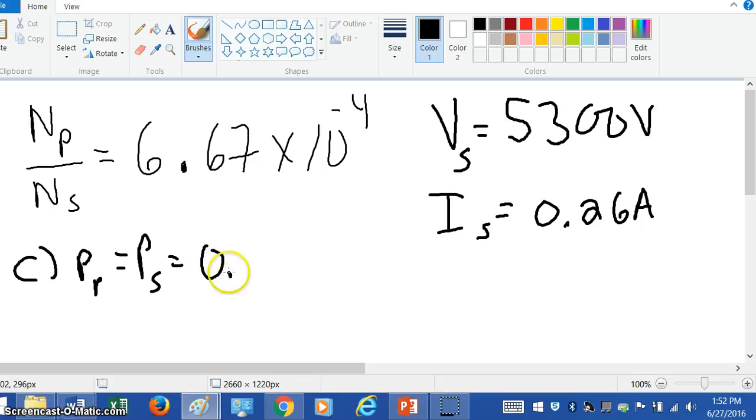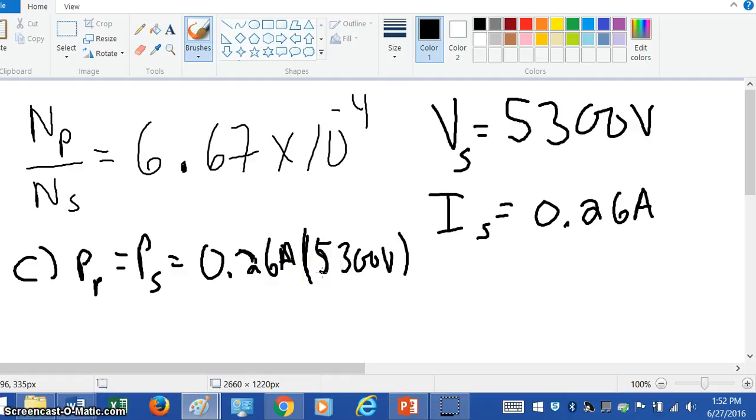Okay, so that's 0.26 amps times 5,300 volts. All right, so let's quickly see what that is.